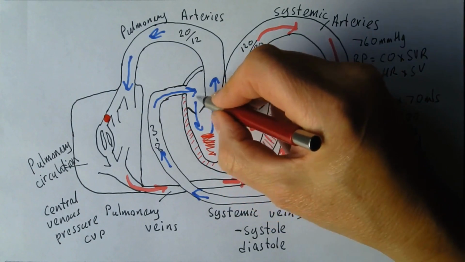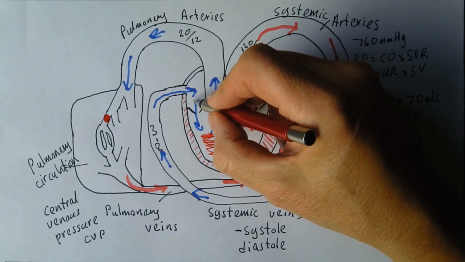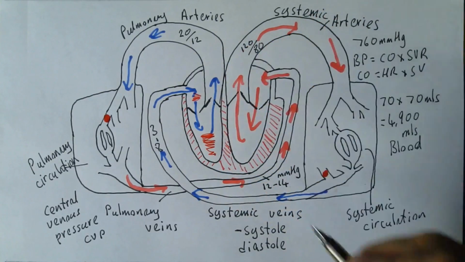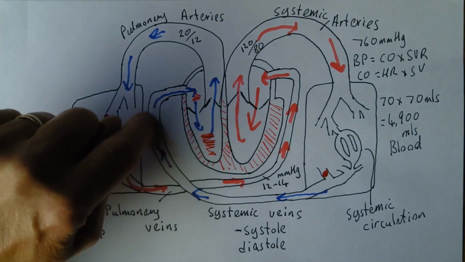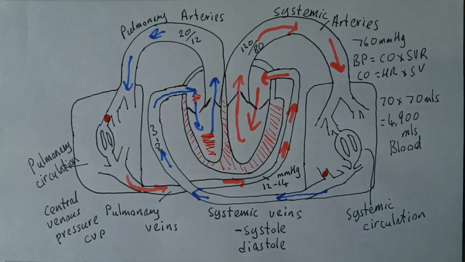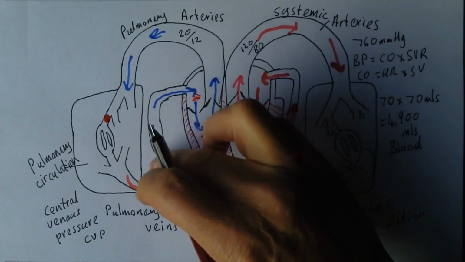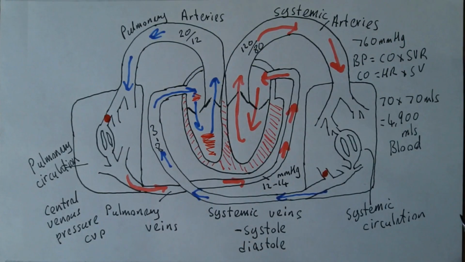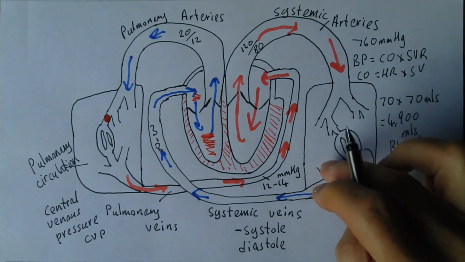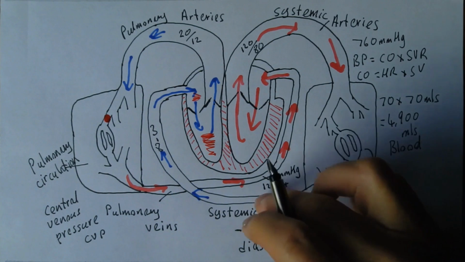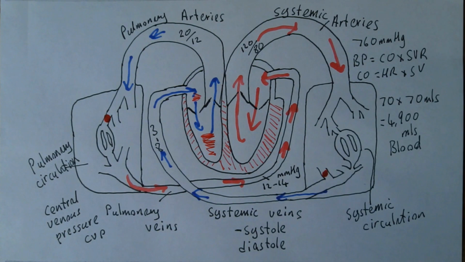Well, if that's half full, it's going to be harder. So it's going to increase the pressure here. That's going to make it harder for the blood to drain out of the systemic veins. So we're going to get a back pressure here into the systemic veins. And we'll see that that will lead to systemic edema, but we'll do that when we look at systemic veins.